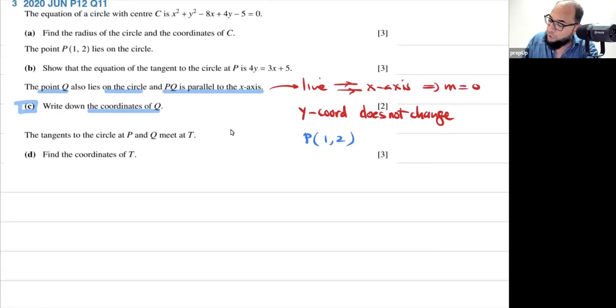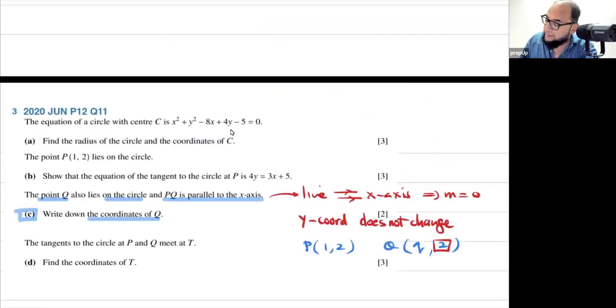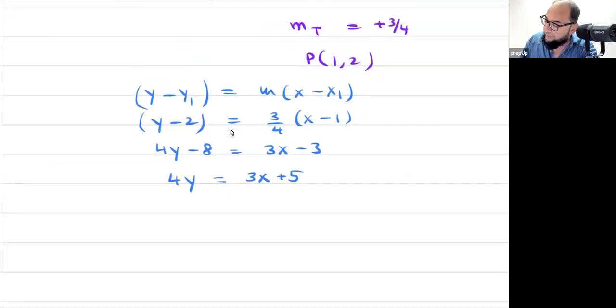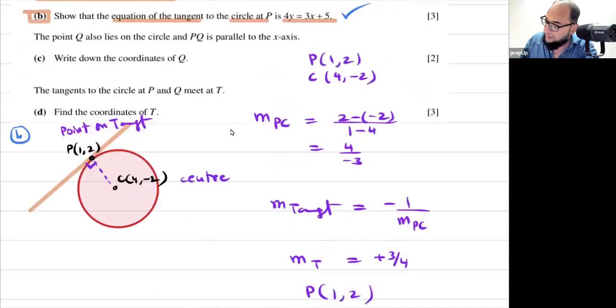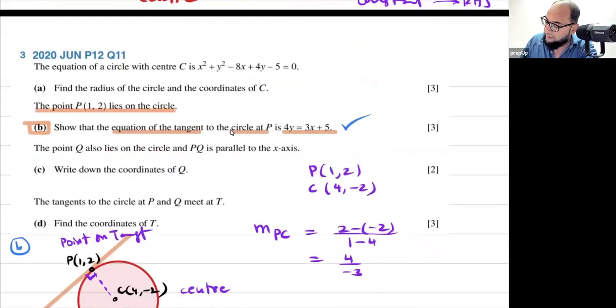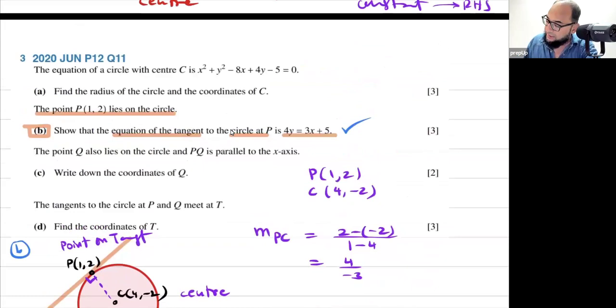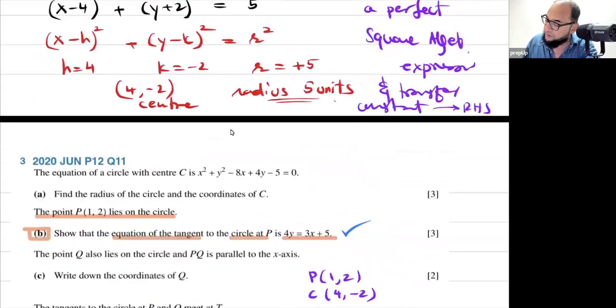And Q also lies on the circle, and Q should be something. Let me write small q, and the y coordinate is still 2. The y coordinate does not change. That's the first thing. Now, what is the radius? The radius of the circle, do I have the radius? The point P lies on the circle, yes, it's related to the first part. The radius is 5 units.